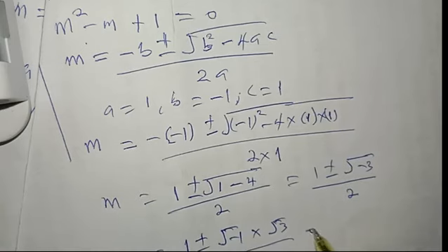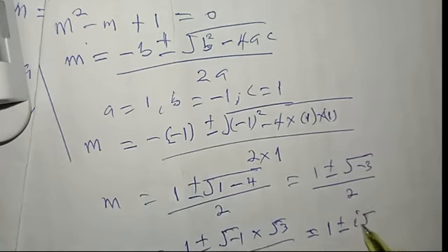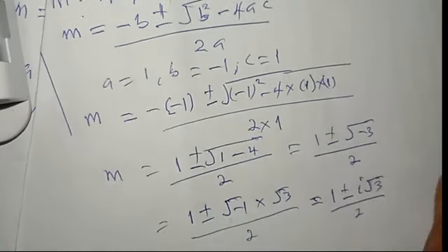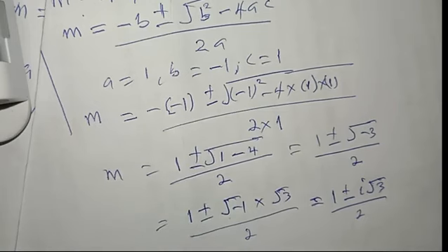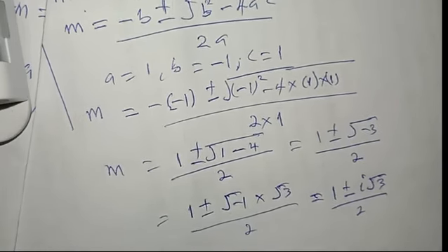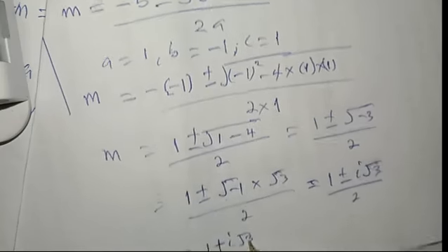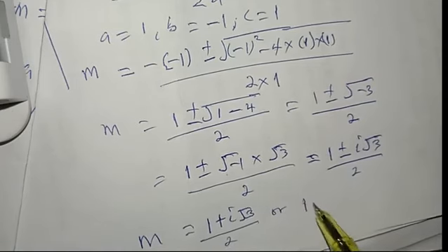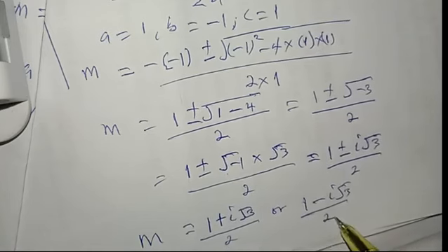Of course, root minus 1 is actually i, multiplied by root 3 divided by 2. So obviously we are getting from here that the values of m are 1 plus i root 3 divided by 2, or 1 minus i root 3 divided by 2.